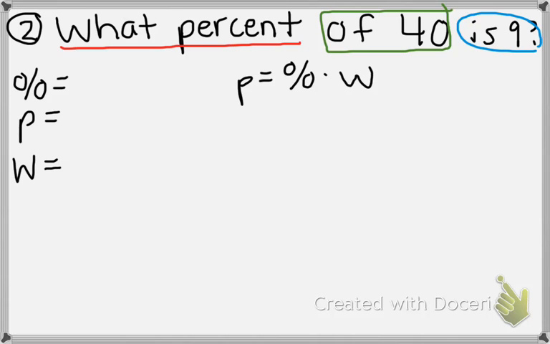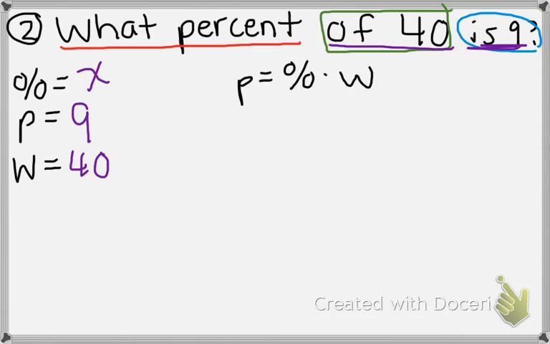What percent? Do we know? No. So we're going to put an X. Part, we're looking for is. Is 9. So our part is going to be 9. And the whole, of 40. So our whole is going to be 40.